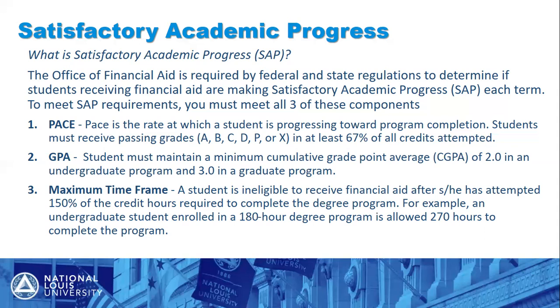And then third is going to be maximum time frame. So a student is eligible to receive financial aid after they have attempted 150% of the credit hours required to complete the degree program. For an example, an undergraduate student enrolled in a 180-hour degree program is allowed 270 hours to complete the program. So again, those withdrawn classes really impact your PACE as well as your maximum.